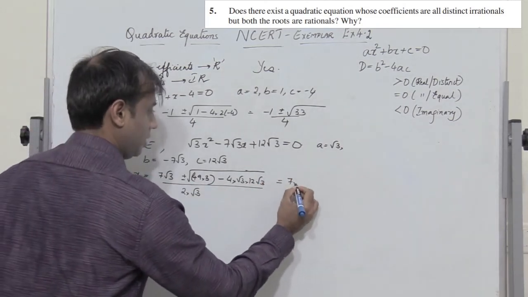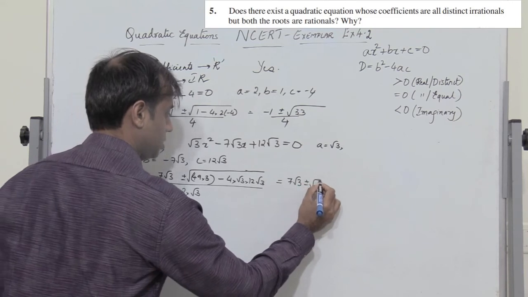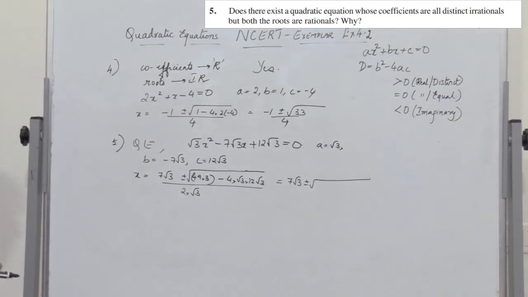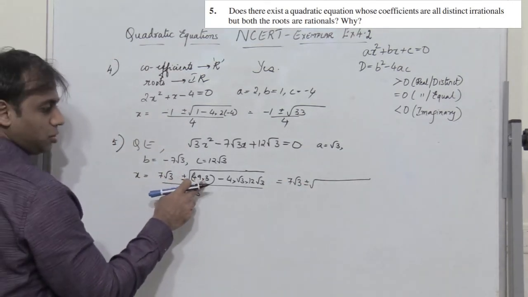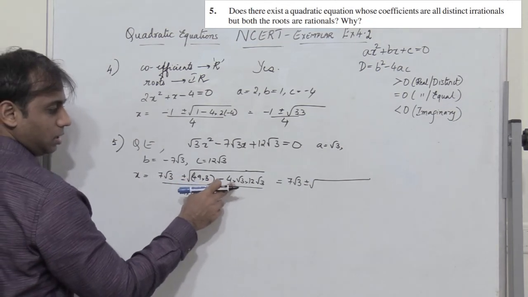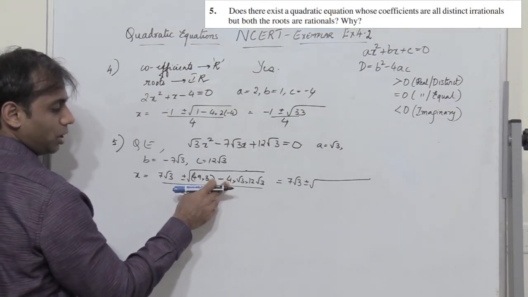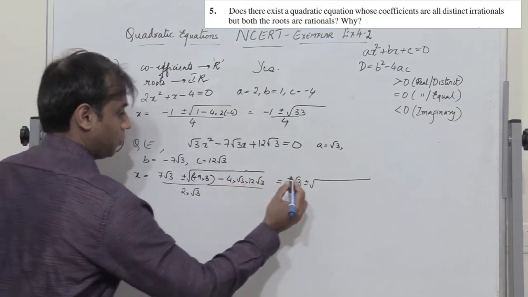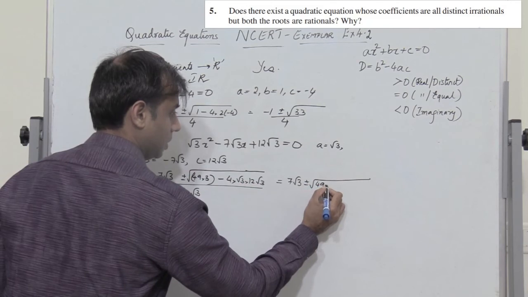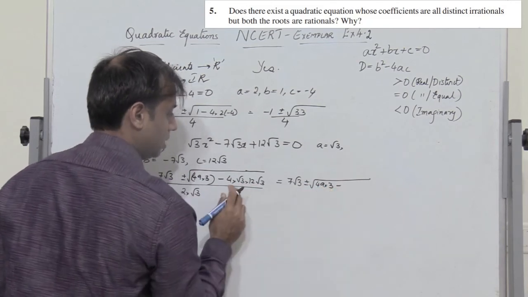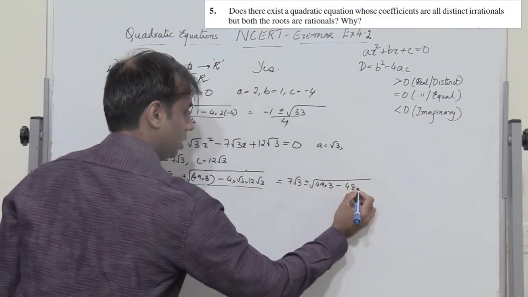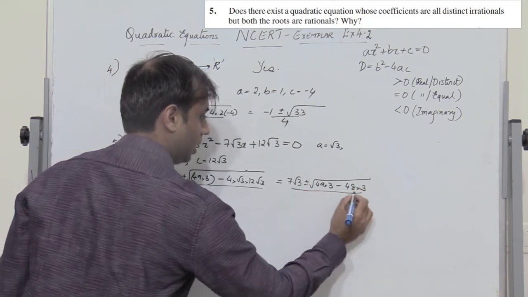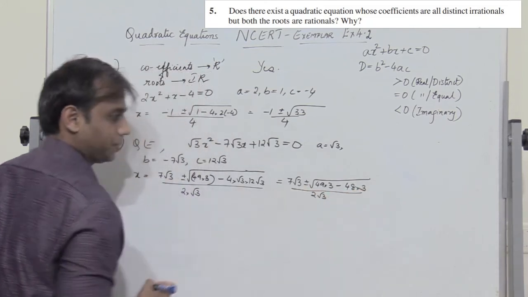So you have 7 into root 3 plus or minus. So observe here you have 49 into 3 and then here in this case you have 4 into root 3 into 12 root 3, which is 48 into 3. So you get 49 into 3 minus 48 into 3 divided by 2 root 3.